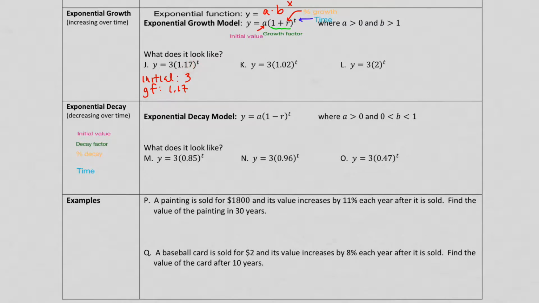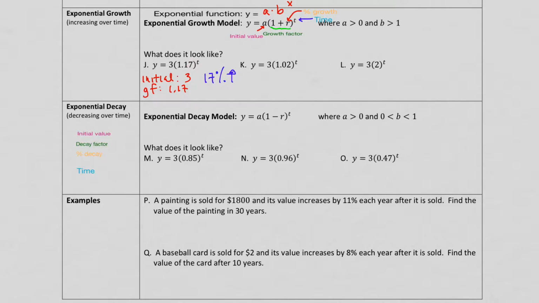So the growth factor is 1.17, but the percent growth is how much above $1. Again, think about money. How much above $1 am I in this value? Do you see I'm 17 cents more than $1? So in this case, I'm going to have a 17-cent growth, which is a 17% growth in this example. So that's how I can identify by what percent it's growing.